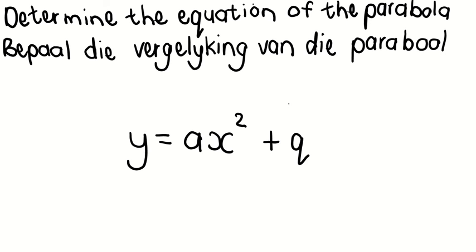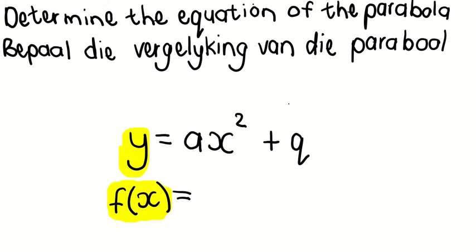Dieselfde soos wat ons maar met die lyn ook gemaak het. You have your y, or sometimes if the graph has a specific name, so this grafiek f, then it will be f(x) equal to, but that actually just means the same as y.